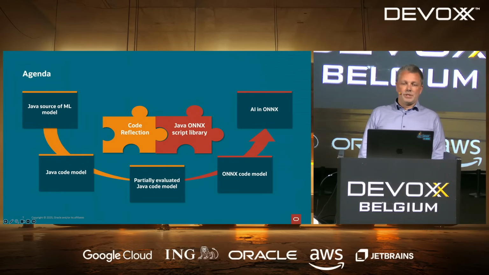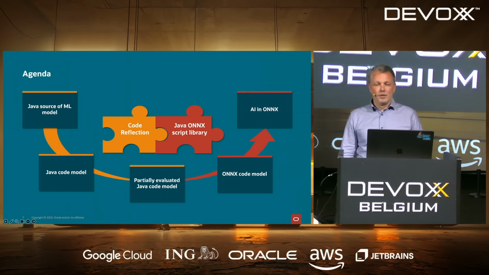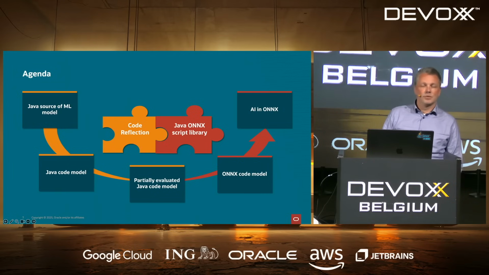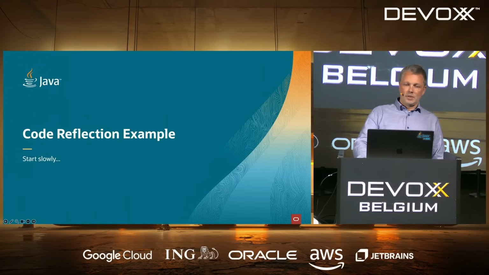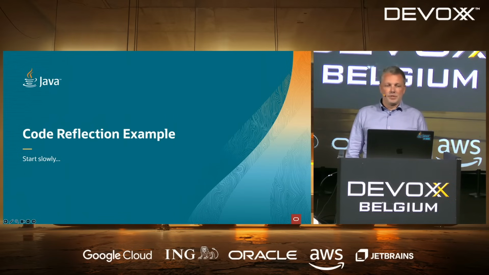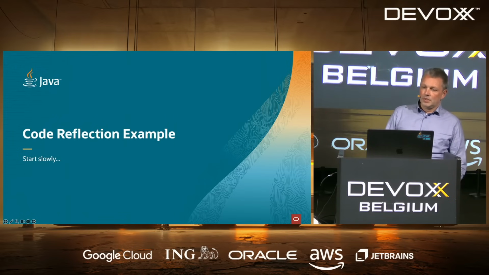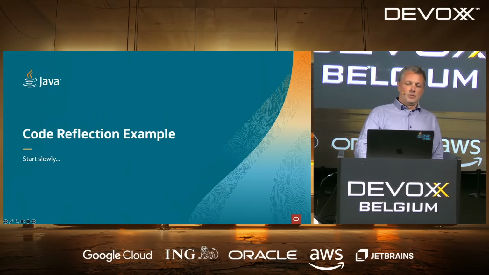All this will be demonstrated on 3 examples with increasing complexity. So we'll start very simple. Our first example will demonstrate just the basic code reflection.